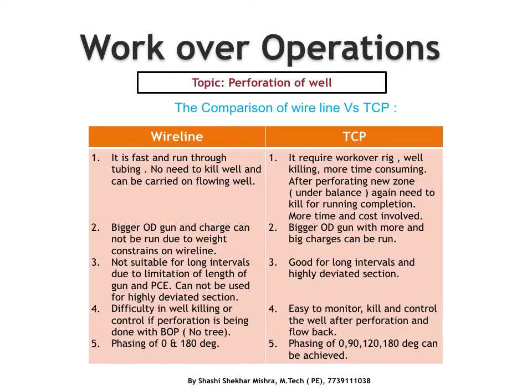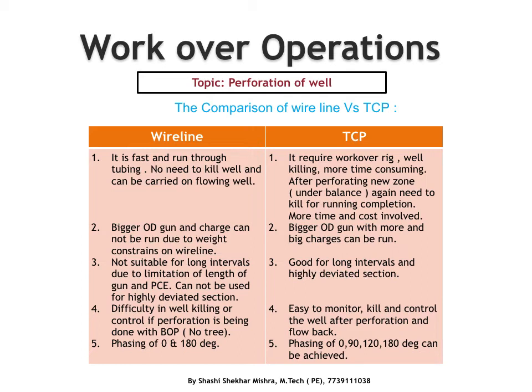Now we will compare wireline perforation against TCP. Wireline perforation is fast and can be carried out on a flowing well. But in TCP we require a workover rig where we have to take out the completion string, then perforate.